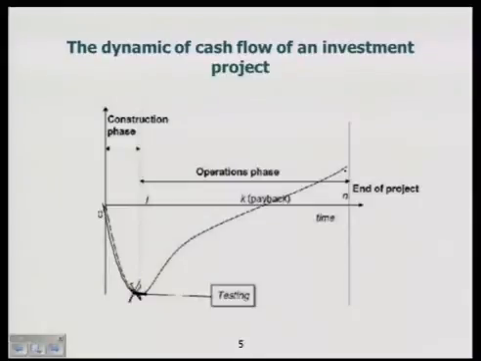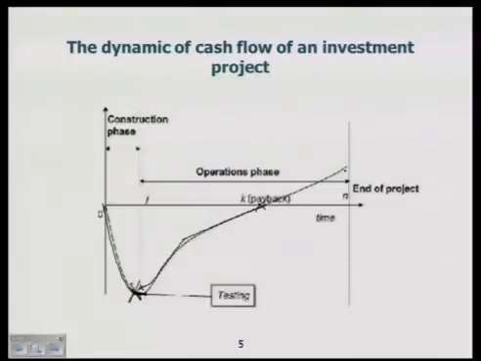Then when we start the operation phase, we repay the investments through the cash flow produced by the project, and so at a certain time, at K, we have the so-called payback.